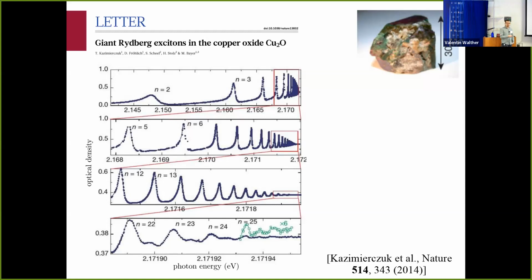With what I told you before, on the simple level, disregarding other effects, this 500,000 increase translates to an increase in the principal quantum number compared to atoms by about 3.5, so it's n to the 11 scaling. You can think of these excitons as interacting as strongly via dipole-dipole interactions as atoms in n equals 100 states.